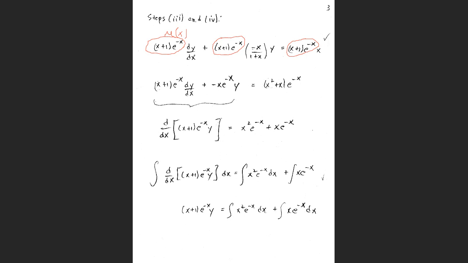So here we are. Now I do a little simplifying, and that gets me down to this step. It turns out that the left side of this differential equation is equal to the derivative of the product of these two functions: one function being x plus 1 times e to the negative x, the other being y.